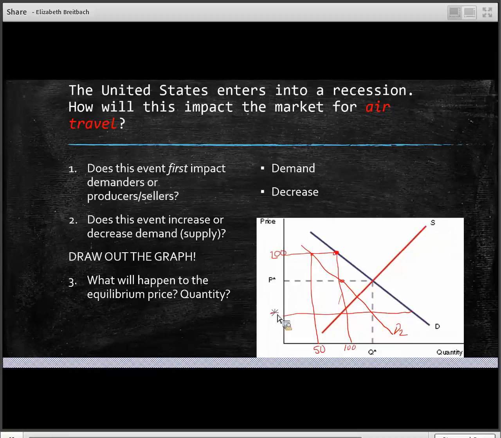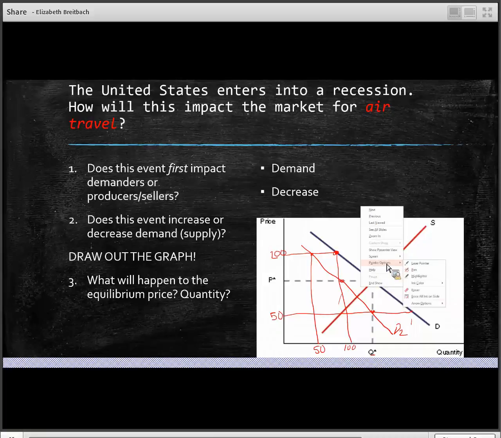The quantity demanded previously, everybody wanting to go on a vacation, was really high, and now that quantity demanded has fallen to our new quantity there. Okay, and so we can see that at all price levels, the quantity demanded has decreased. It's shifted to the left. The reverse would be true if we shifted that demand curve to the right.